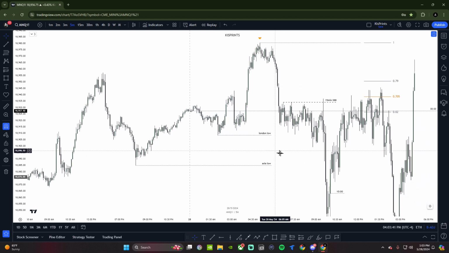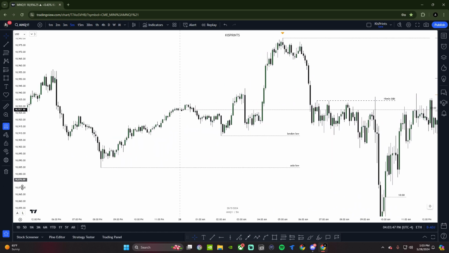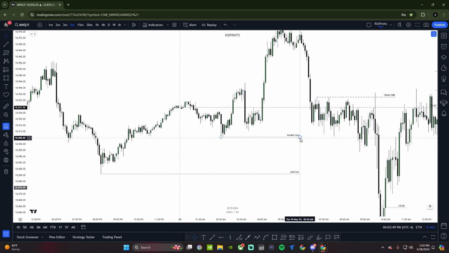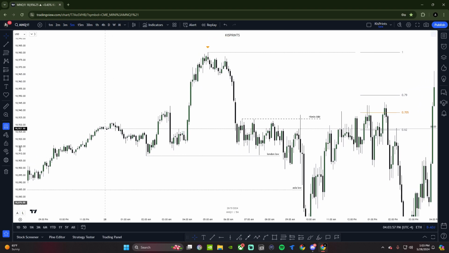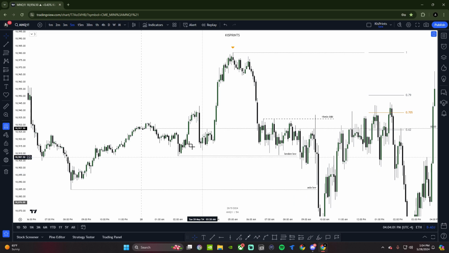Now, with this in mind, going into New York Open, which would be right here, obviously in hindsight, we see that we tapped into a 15-minute imbalance. But let's see what happens when we pull over Asia and London lows. Now that we've formed a London high, we would assume New York would be the continuation off of the London reversal.